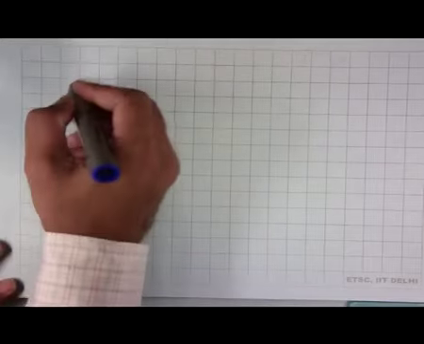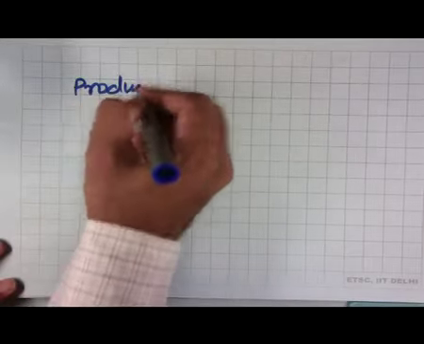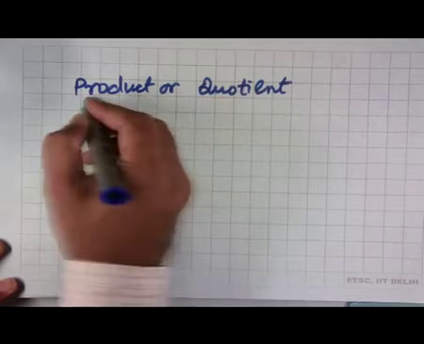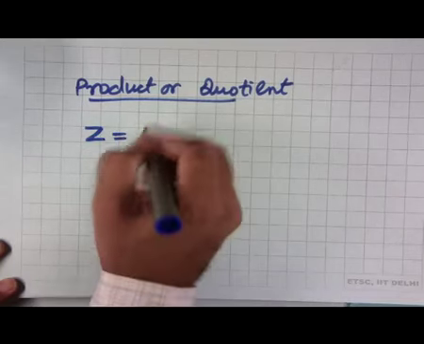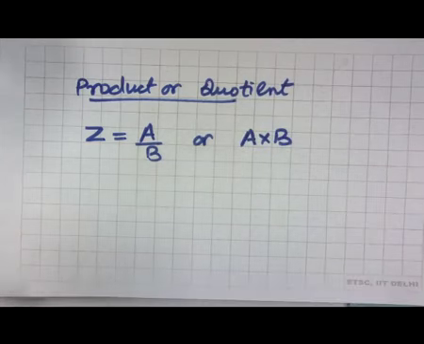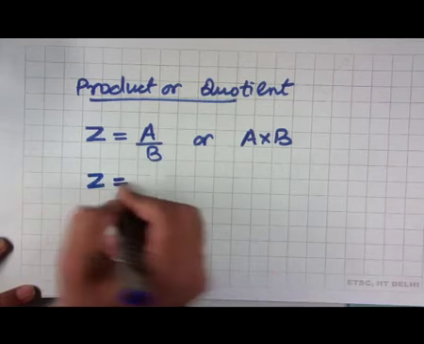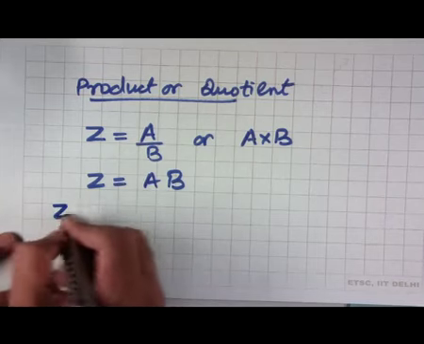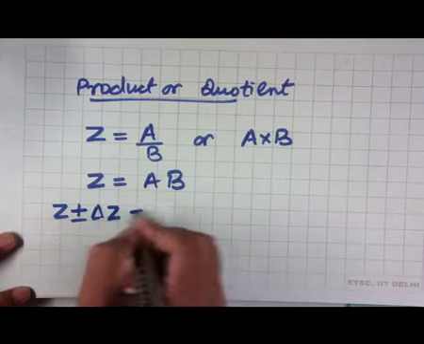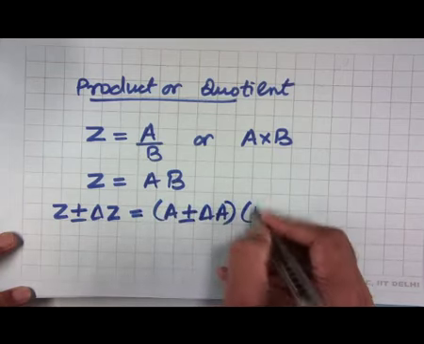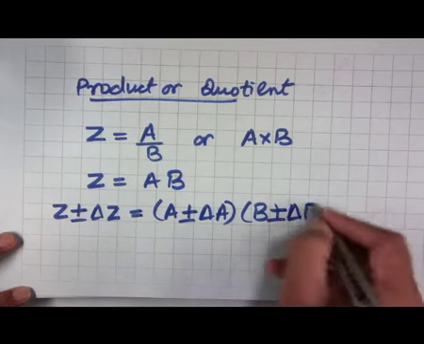Next comes when we have a product or a quotient, which means we have a quantity z which is equal to a divided by b or a multiplied by b. Let us first look at the product. So, if z is equal to a times b, then we use the same thing again, z plus minus delta z is equal to a plus minus delta a times b plus minus delta b.